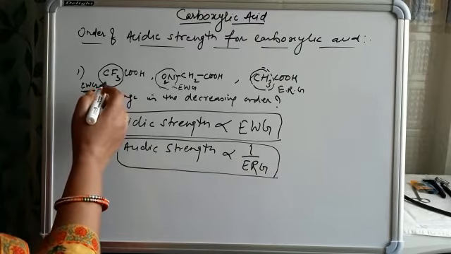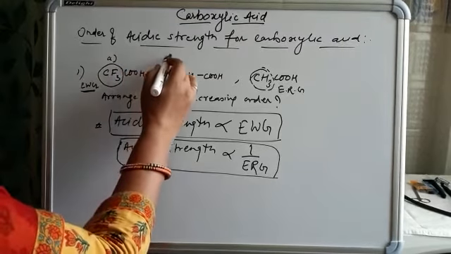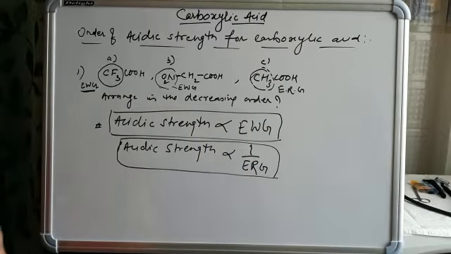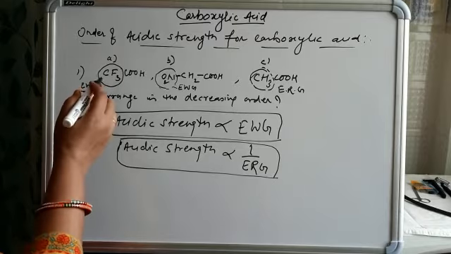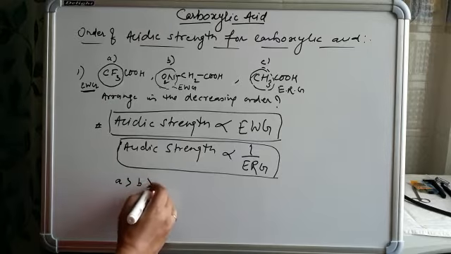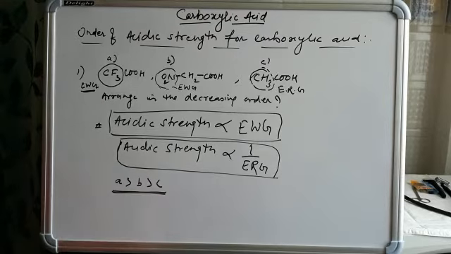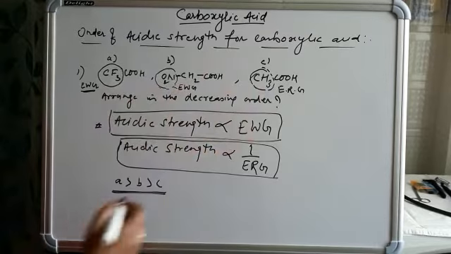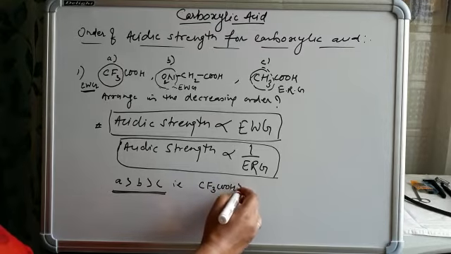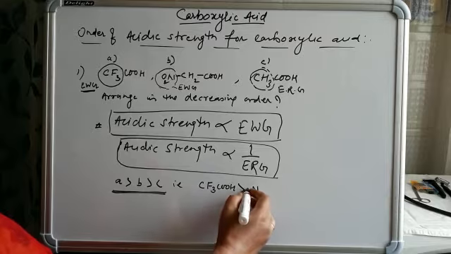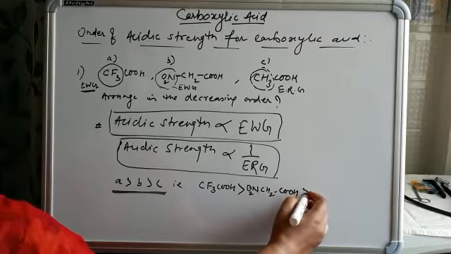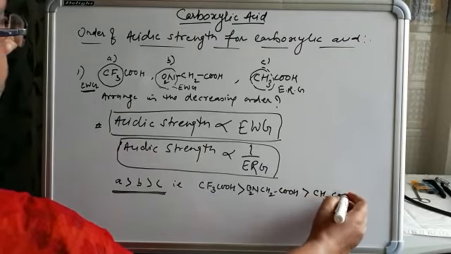Suppose this is A, this is B and this is C. So the most acidic character is shown by the compound at first A, then B, then C. This is the decreasing order of acidic strength of these compounds. That means we can write here CF3COOH is more acidic in nature than NO2CH2COOH, than CH3COOH.